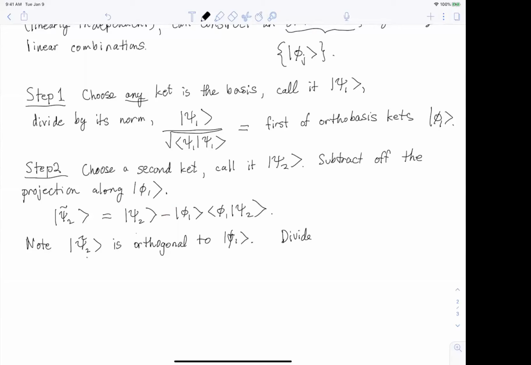Kind of. I'm just wondering what mathematically taking a ket and multiplying it by an inner product looks like and what it means per se. You mean taking the inner product with another vector?